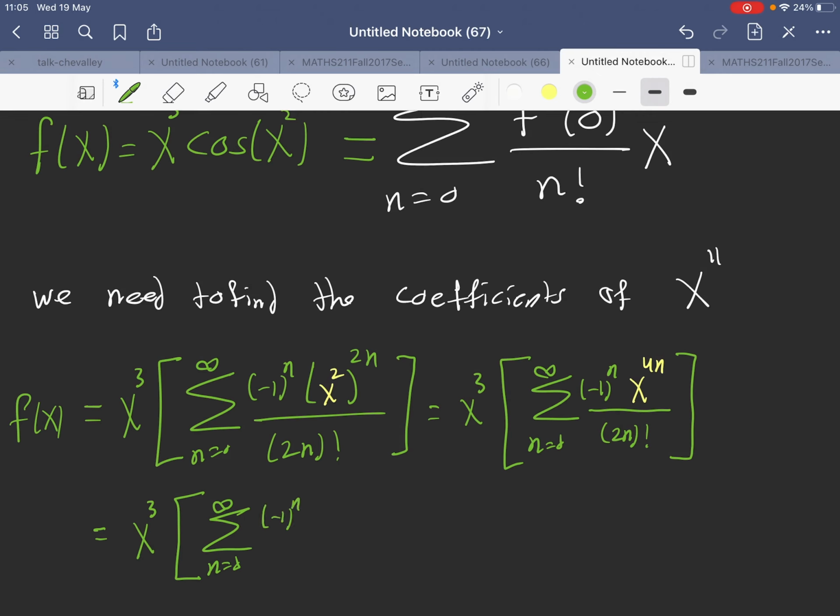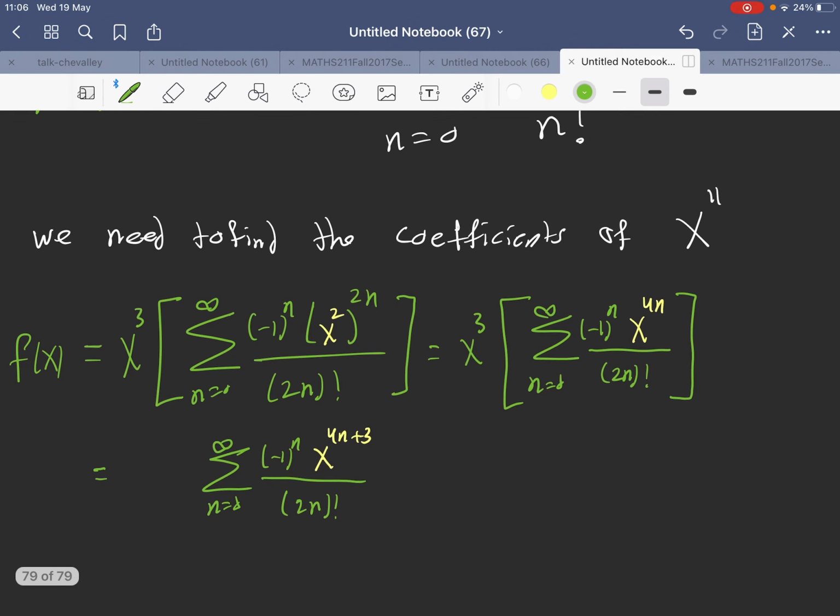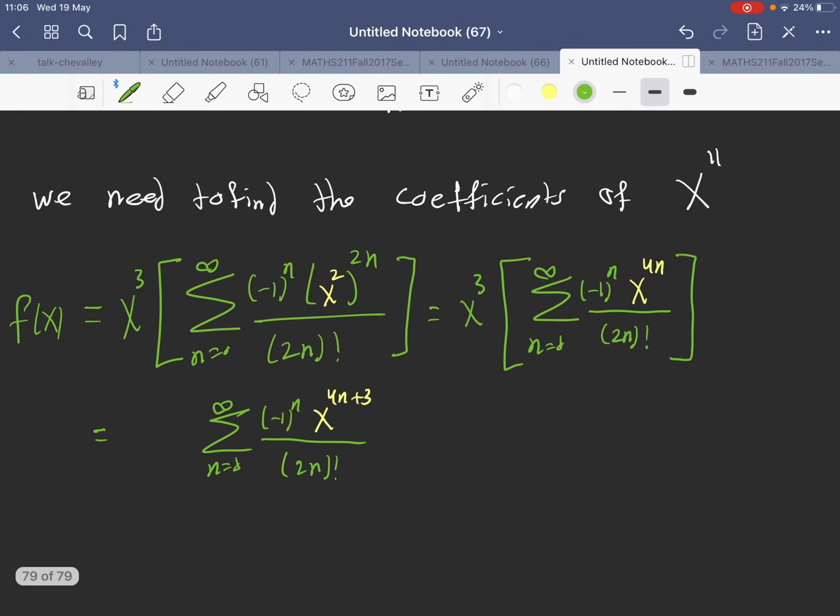(-1)^n. Now take the x power 3 inside. We get x^(4n+3) over (2n) factorial. Now, how do we get the 11th power?